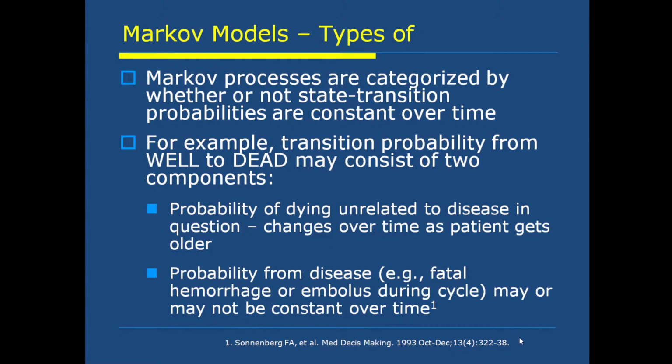For example, the transition probability from well to dead may consist of two components: the probability of dying unrelated to the disease in question, which changes over time as the patient gets older, and second, the probability of dying from the disease, such as hemorrhage or embolus, during a cycle, which may or may not be constant over time.